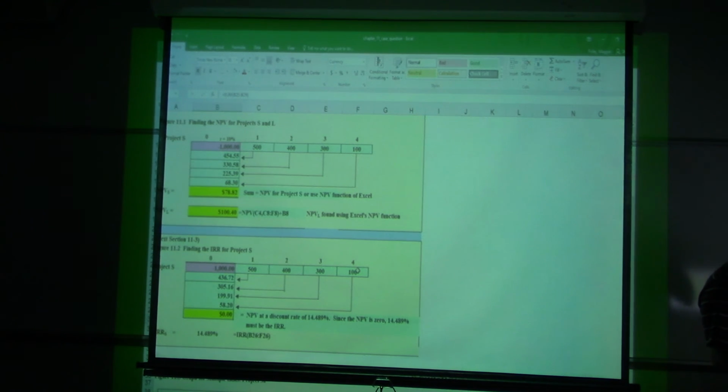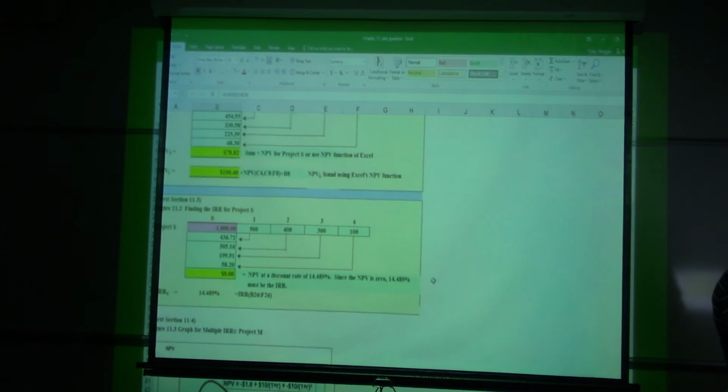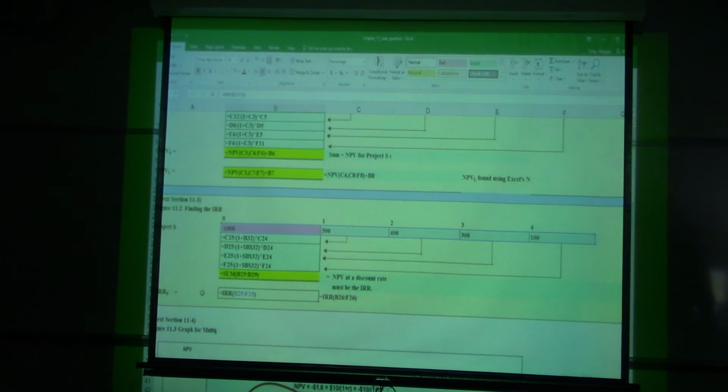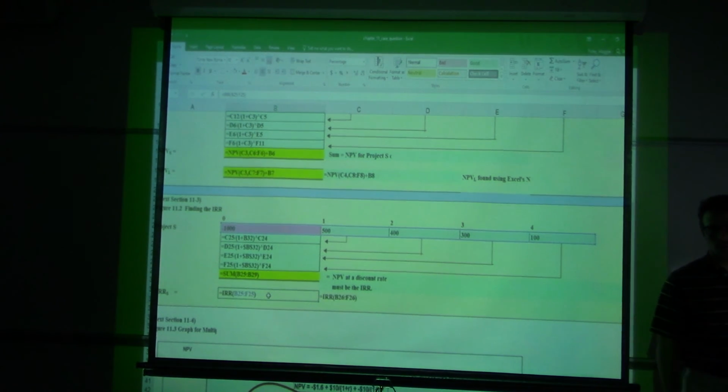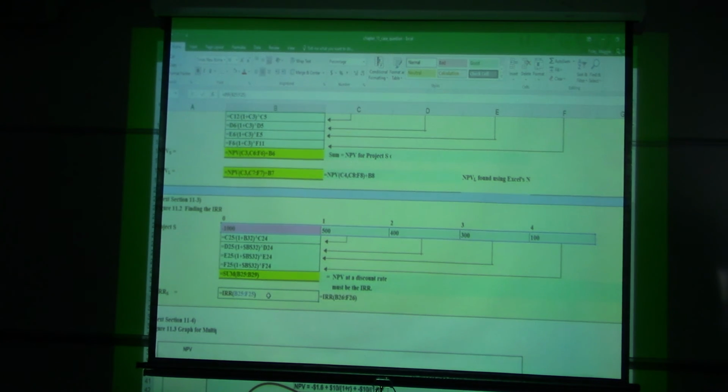Okay, so what did you use to get that 14? All I did was the IRR. Excel has an internal rate of return function, so all you do is type equals IRR, and when it asks for the values, you put in all the cash flows of the project, from the initial cost, which is your negative 1,000, all the way to the last one, which is the 100 in year 4.